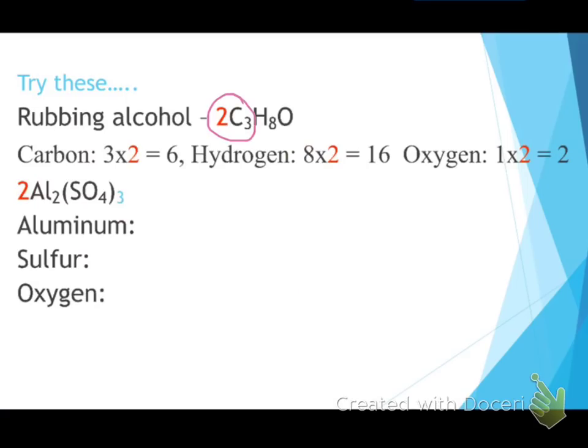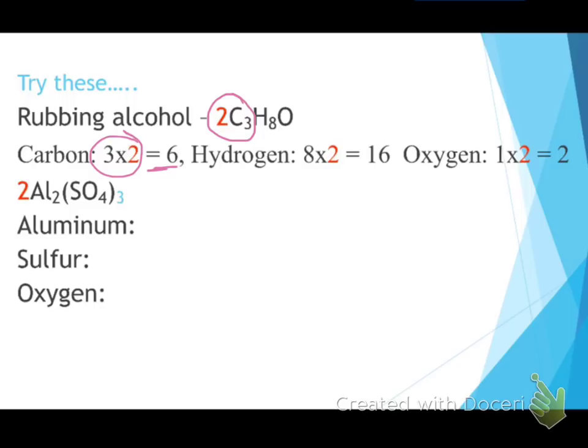Alright, now let's talk about rubbing alcohol, which is 2 C3H8O. So there we have carbon, and I circled it. You have the 2 as your coefficient, and then the 3 as a subscript, so 3 times 2 is 6.